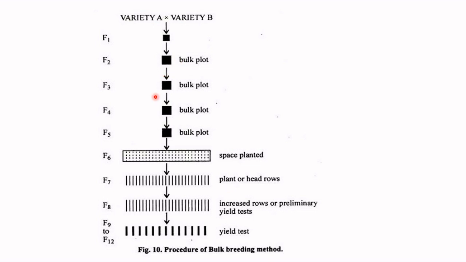F2 and F3 generations are called mortal lines because there is a high chance of segregation in the next generation, as they are all heterozygous and heterogeneous. So selection based on quantitative traits such as yield may not be fruitful.